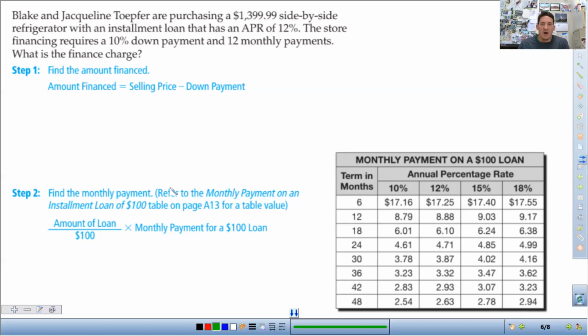So first thing, I'm going to just identify some of that important information. Starting off, we have the price. The price is $1,399.99. The down payment we need to calculate.